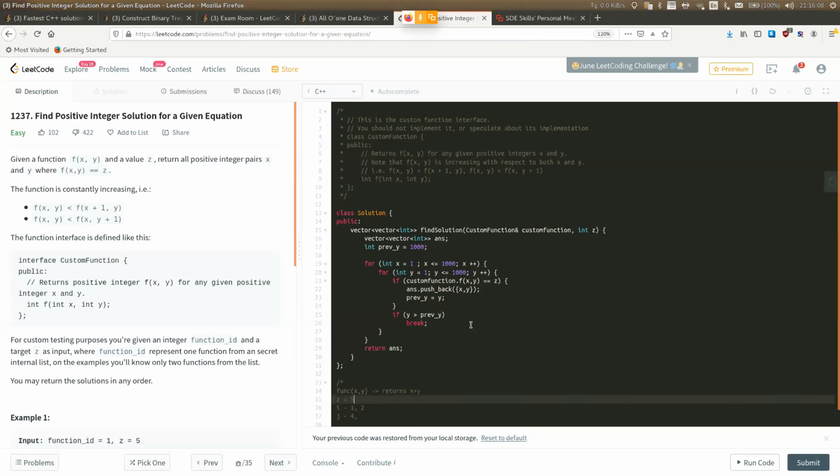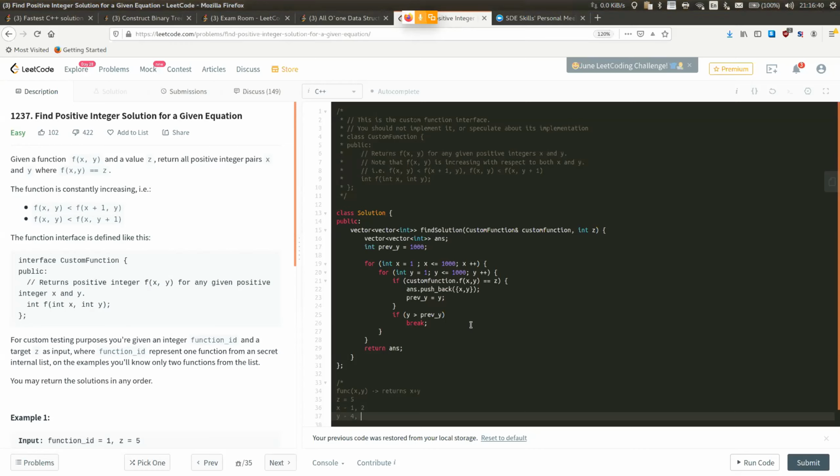Now since the question says the function is strictly increasing, that simply means the new value of y for x equal to 2 will not exceed the previous value of y. So if I'm able to find a value of y for x equal to 2, that value of y will be strictly less than 4.